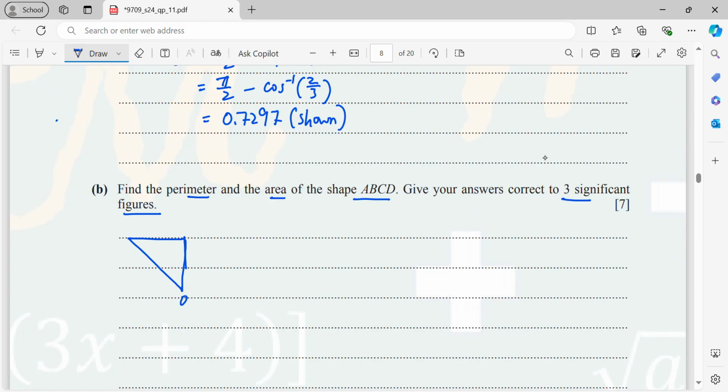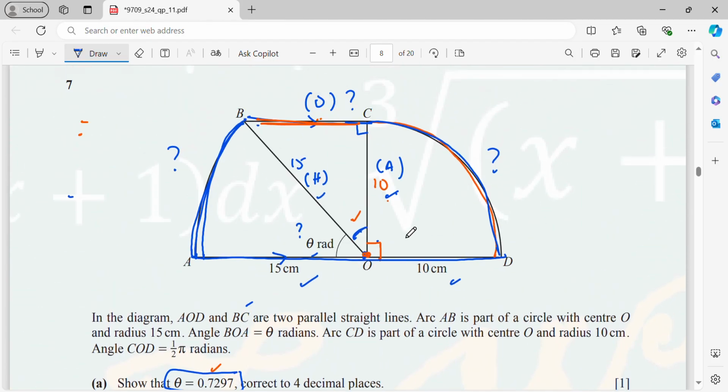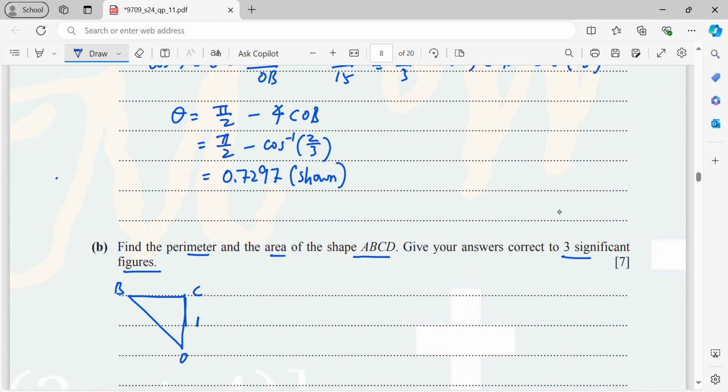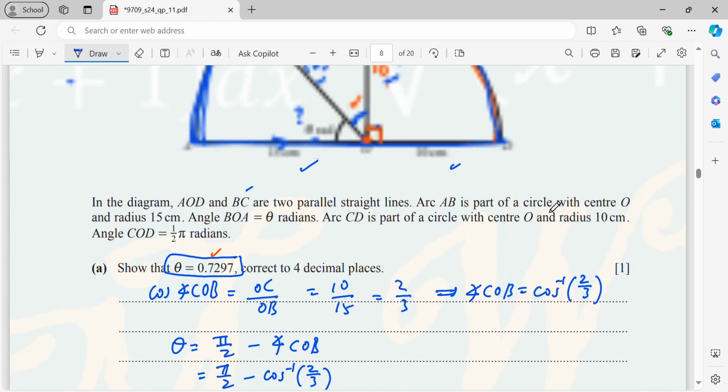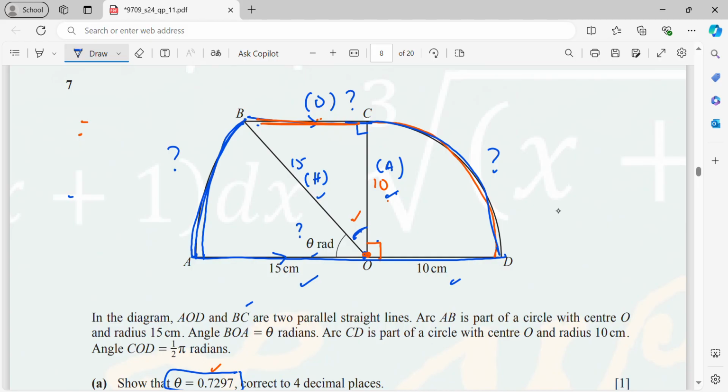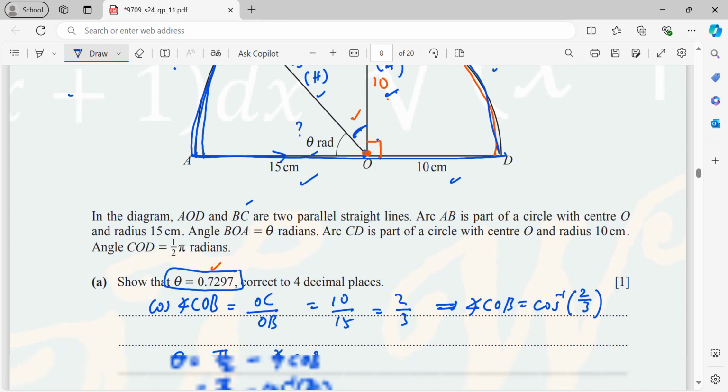This is O, here is C, this is B. Your OC is 10, OB is 15. According to Pythagoras theorem, BC is square root of 15 squared minus 10 squared. Then you will get square root of 125, which is 5 square root 5. Now I found BC. Then I can find the AB and the CD using the arc length formula.